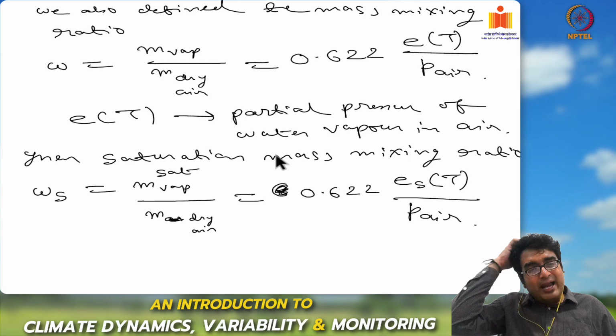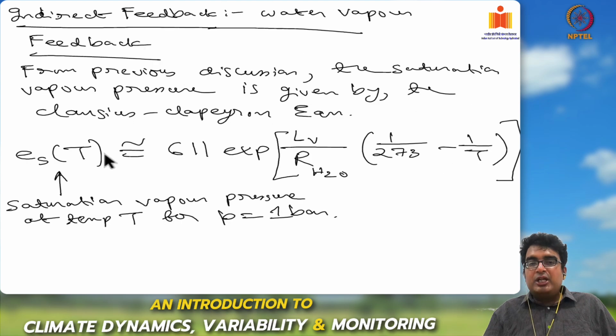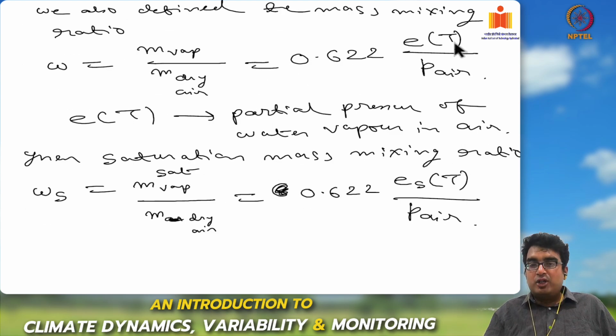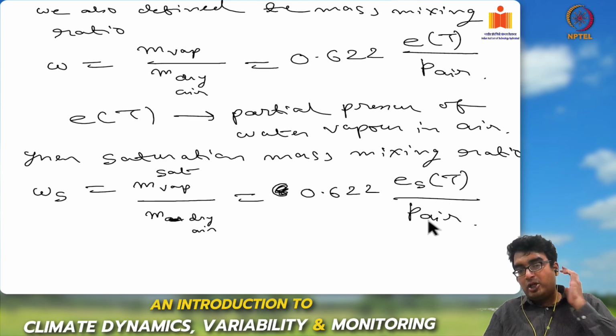We defined the mass mixing ratio for water vapor omega as the mass of vapor by mass of dry air, which is equal to 0.622 the partial pressure of water vapor, which is a function of temperature, by the partial pressure of dry air. Okay. And the saturation mass mixing ratio is of course 0.622 ES(T), which is given by this expression here, by partial pressure of air.